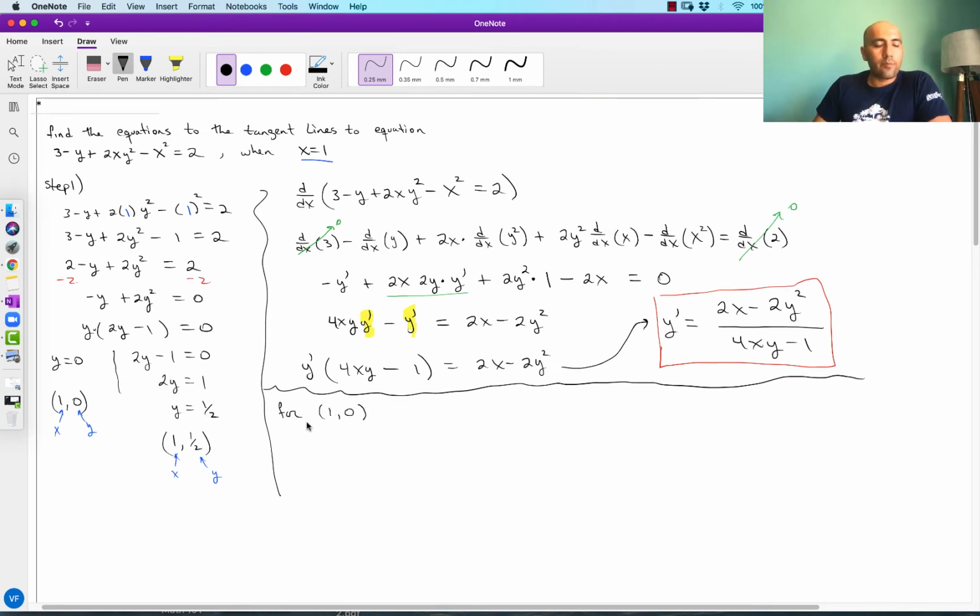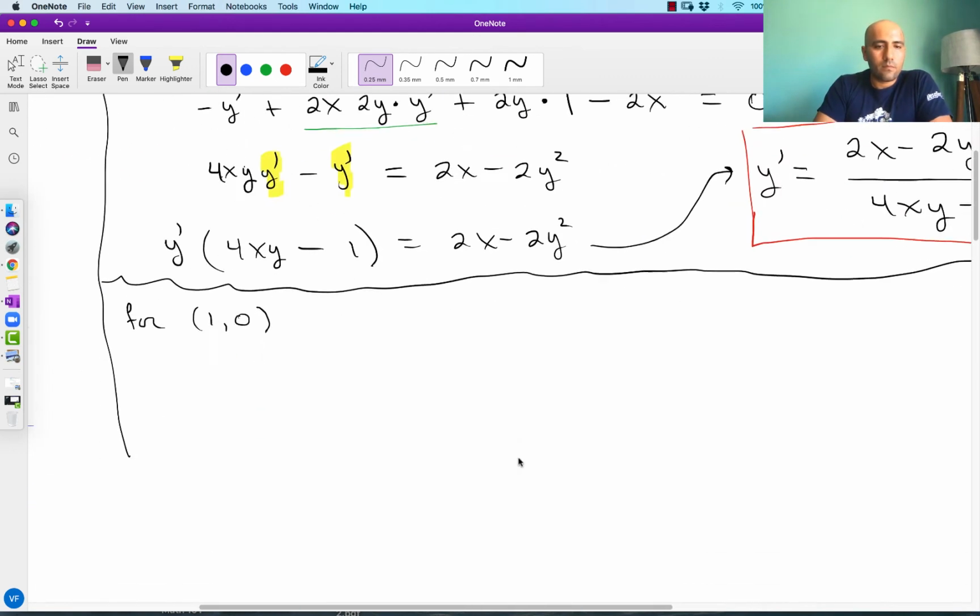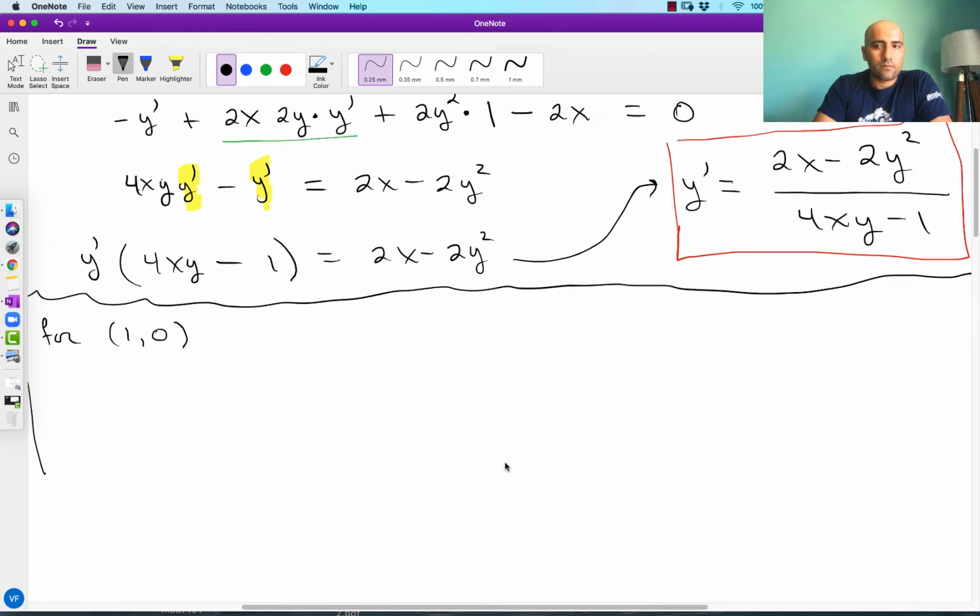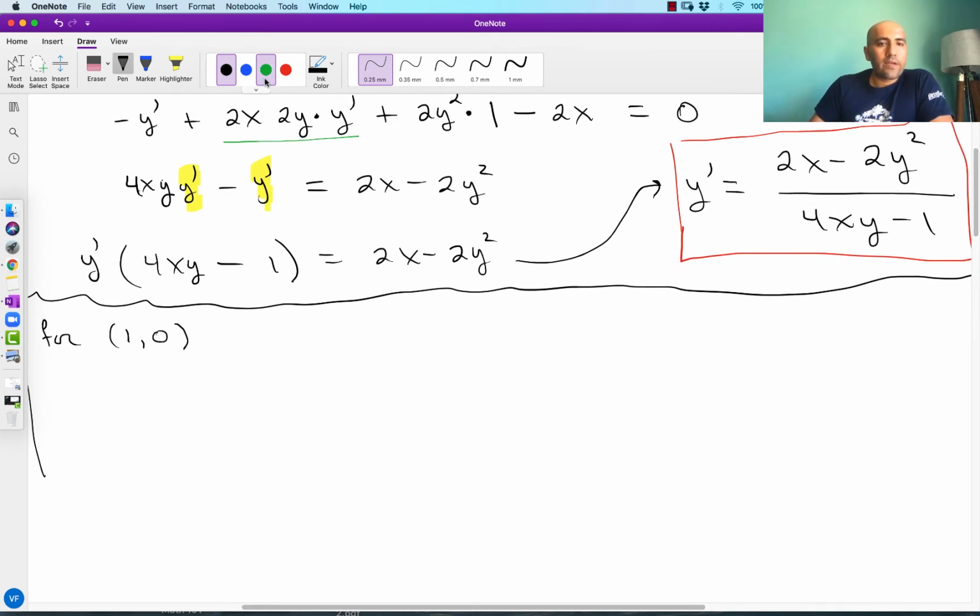Okay, so now for the point 1, 0, let me zoom into there. For the point 1 comma 0, we know that the x is the 1 and the y is a 0. And now we can use this formula to find the slope of the line tangent at that point, the derivative.